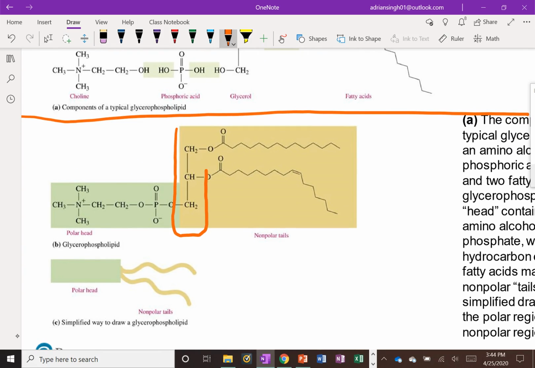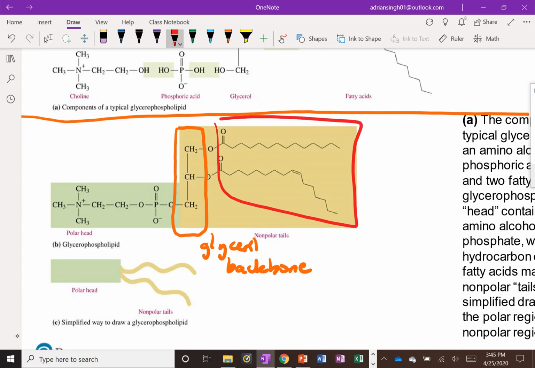There's the 3-carbon backbone. Okay, attached on the right side here, these are the fatty acids. Fatty acid tails, which remember are long carbon tails, and that means that these are going to be highly non-polar.